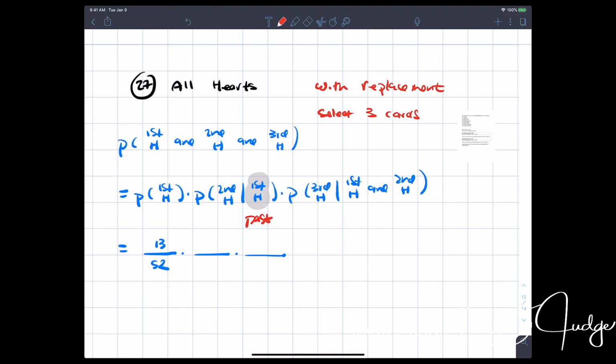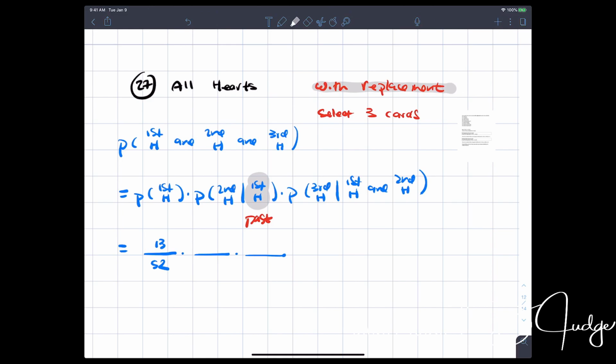Now, remember, like the last example, when this is with replacement, your past doesn't matter. You start all over again. With replacement, you put the card back in the deck and your past does not matter.